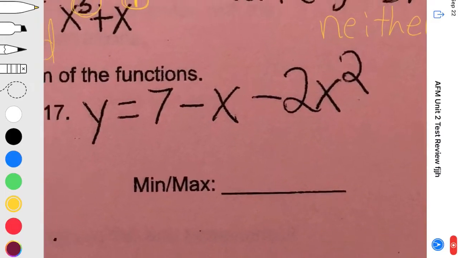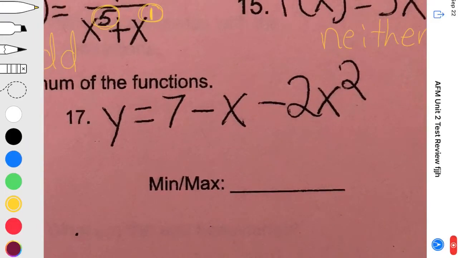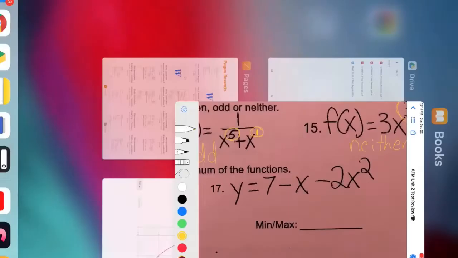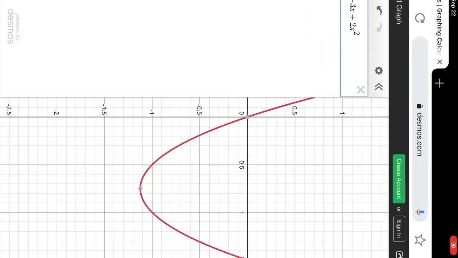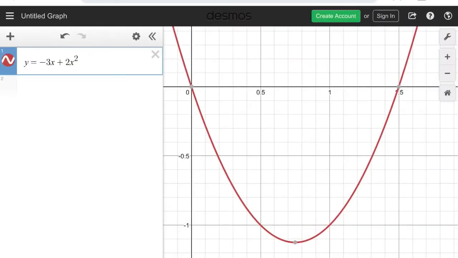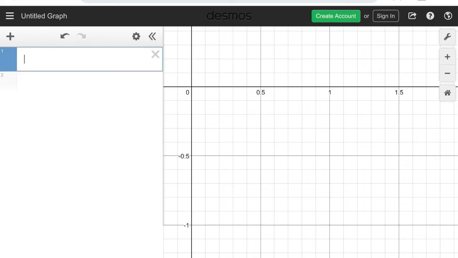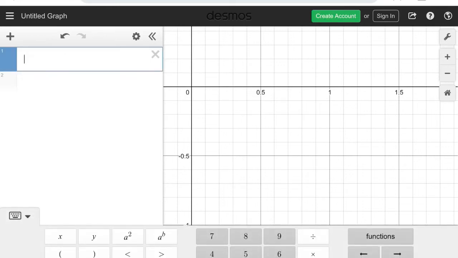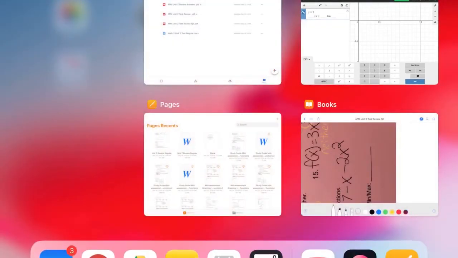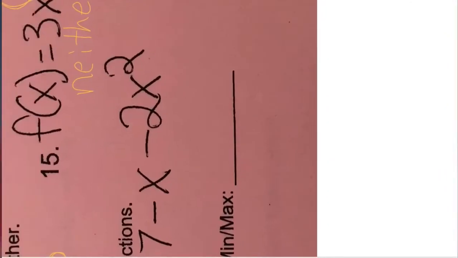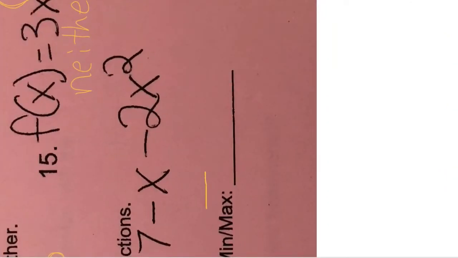All right, 17. We have the equation y equals 7 minus x minus 2x squared. So we're going to put that into Desmos. We're going to select that box. I'm sorry, I'm not remembering, was that 7 negative?